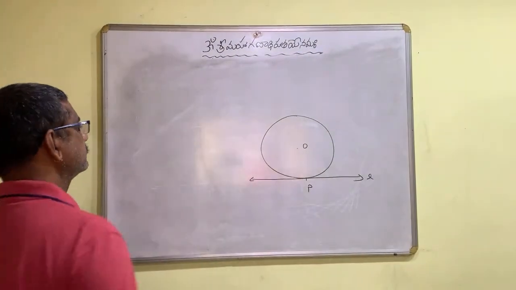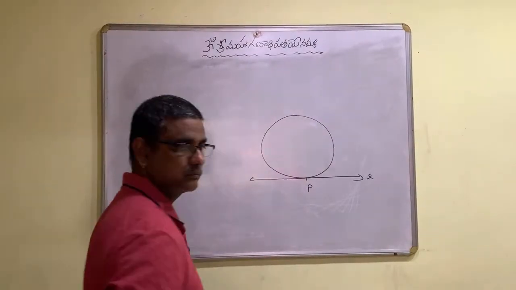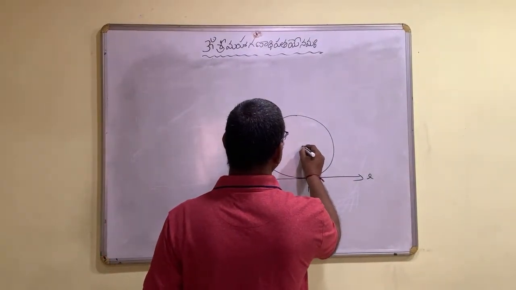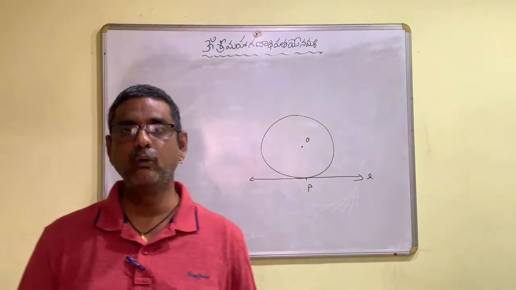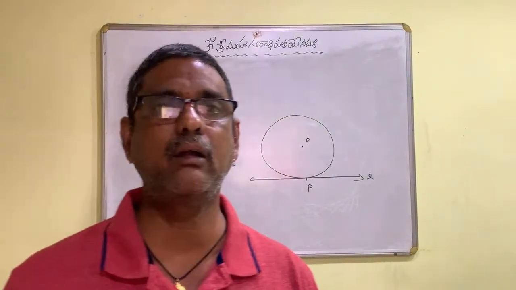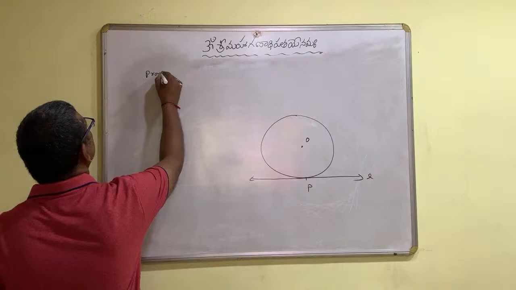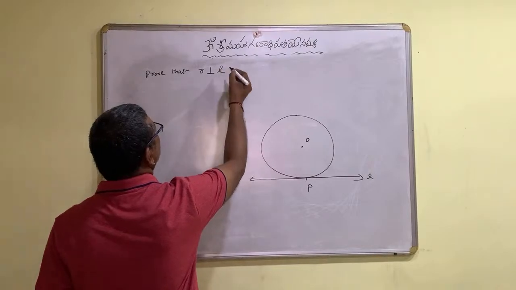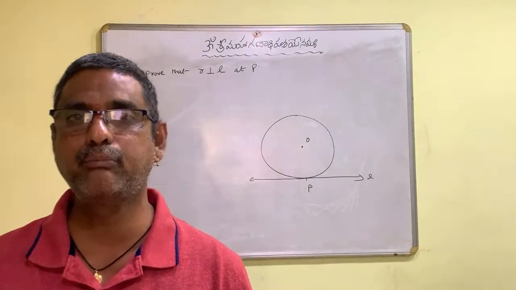Now the theorem is, we need to prove radius is perpendicular to the tangent at their point of contact. That is, prove that radius is perpendicular to the tangent at P. That is what we have to prove.